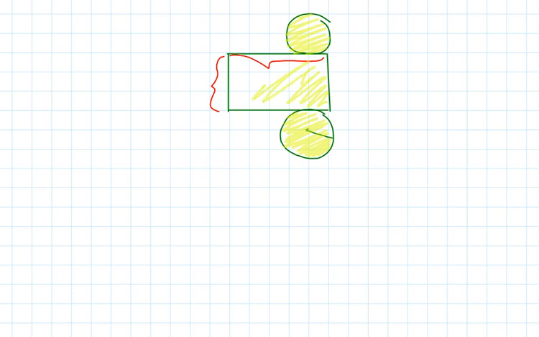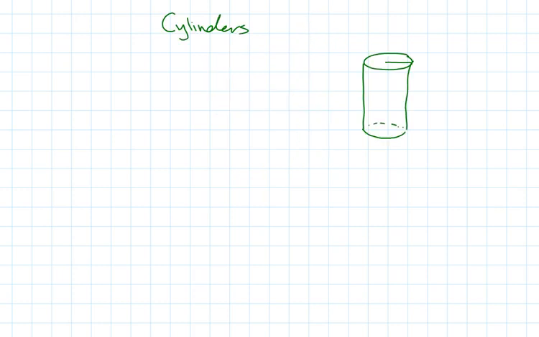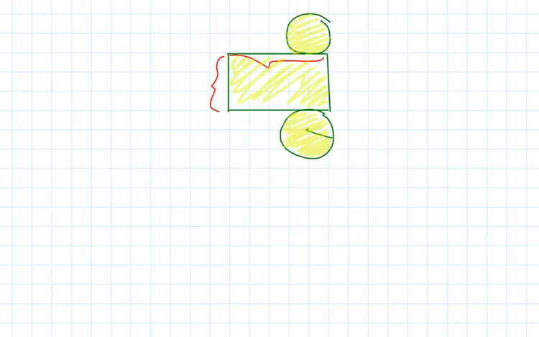Technically these are the sides of the cylinder. This is what we see right here, this curved side of the cylinder, and it is the shape of a rectangle.